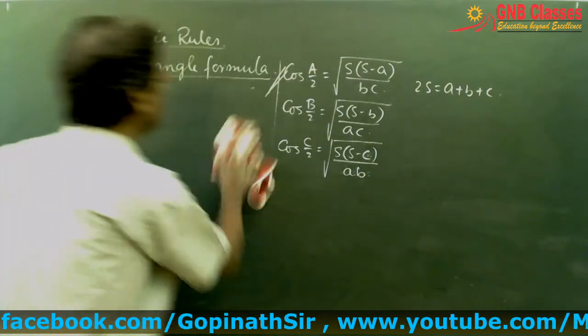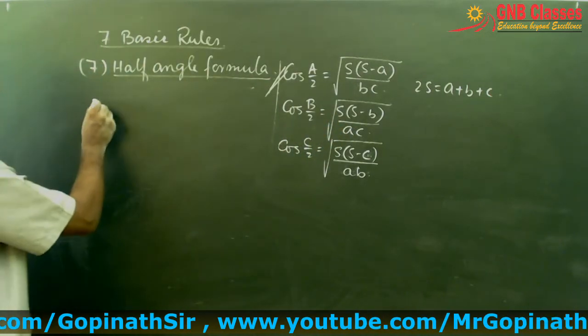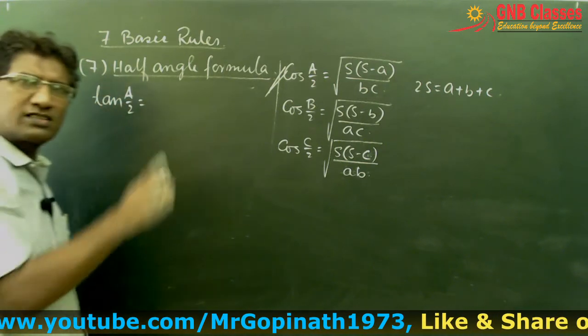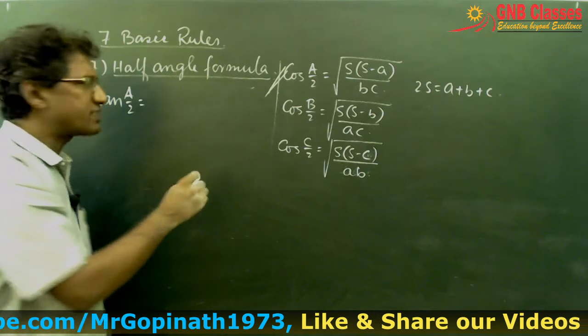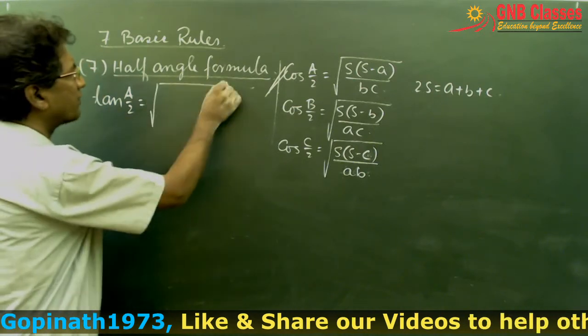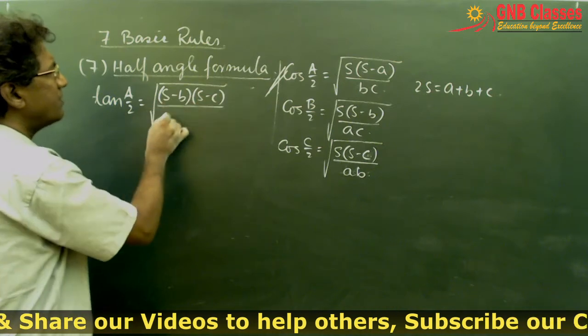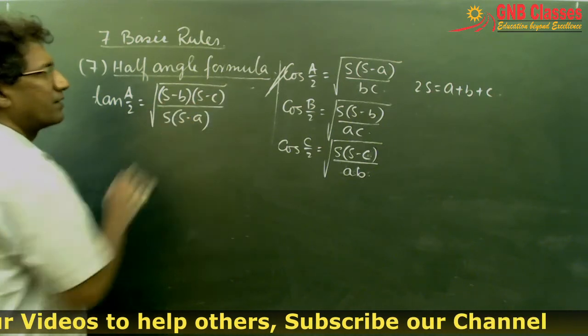If you can remember this too, the other set we can remember very easily, which is nothing but your tan A by 2. Tan A by 2 will be what? Sin A by 2 divided by cos A by 2. So which will yield what? Under root S minus B, S minus C divided by S into S minus A. Is it clear?